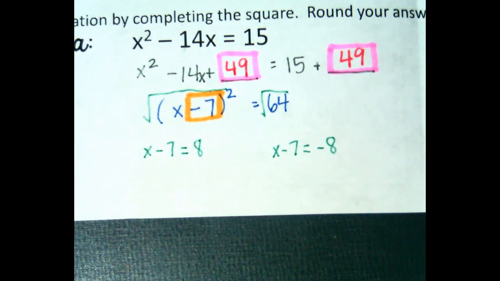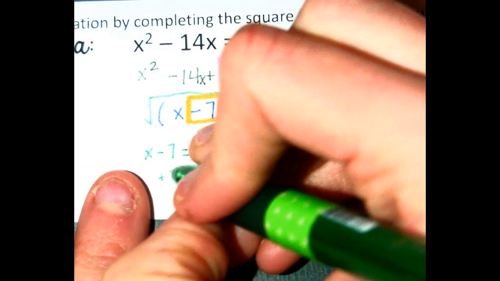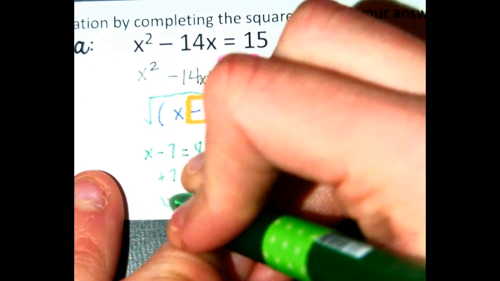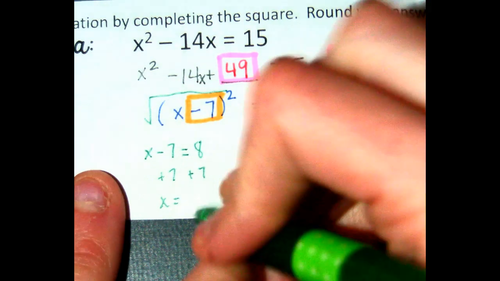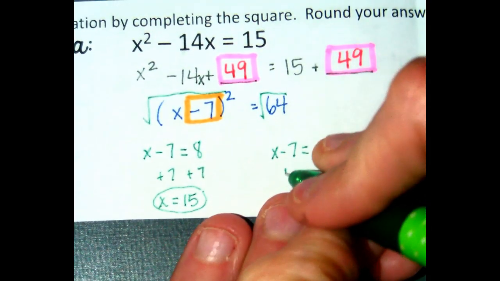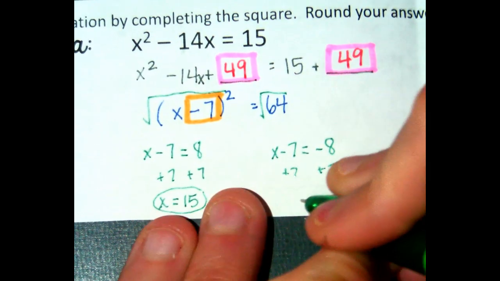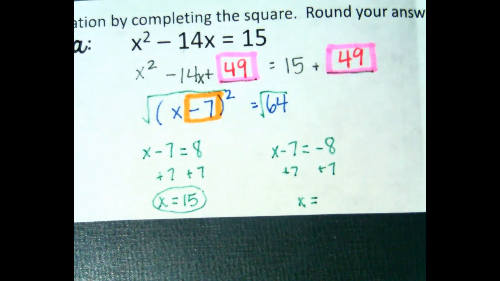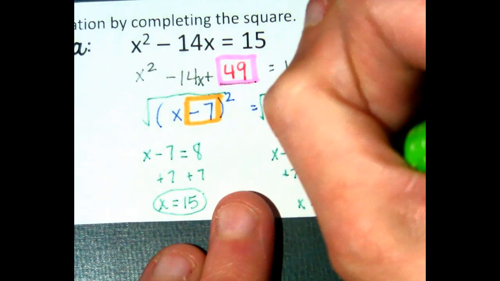What's the last step here? So x equals 15, and x equals negative 1.